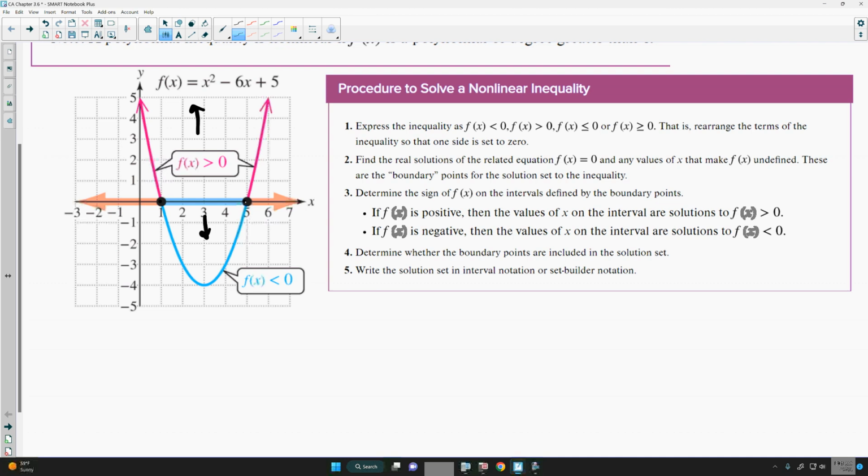And if we're talking about it being just greater than 0, then it would be all the points going in these two directions. On a number line, it would be open circles, going that way. Or if it's less than, then we're just talking about the points below it, just those there.